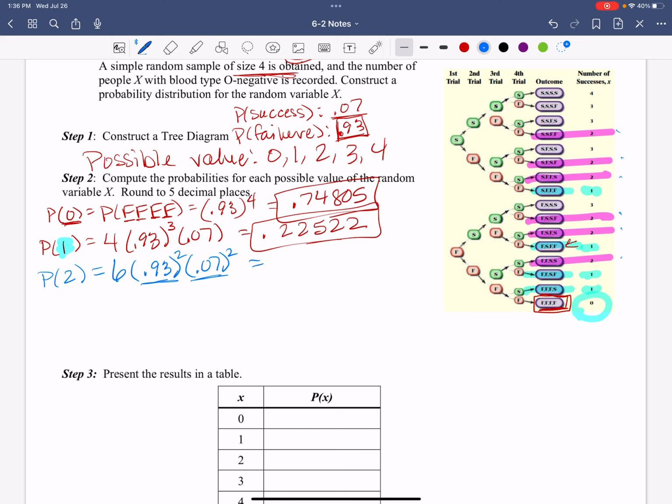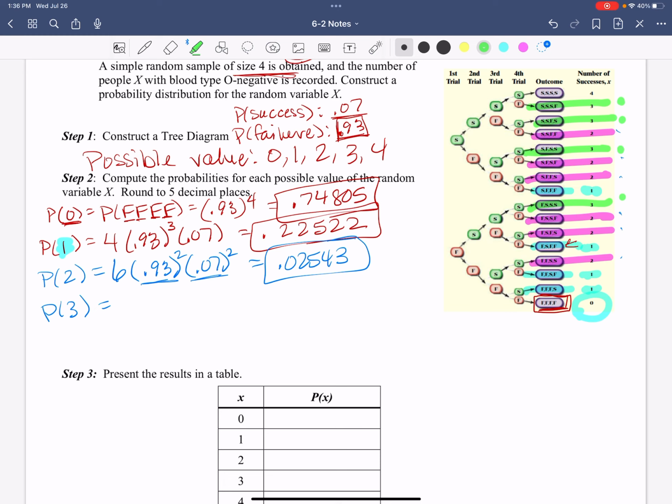Okay, so then you plug that into your calculator and what do you get? 0.02543. Nice. Nice. Now what about 3? Let's try green here. 3. How many are there? 1, 2, 3, 4 options for 3, right?